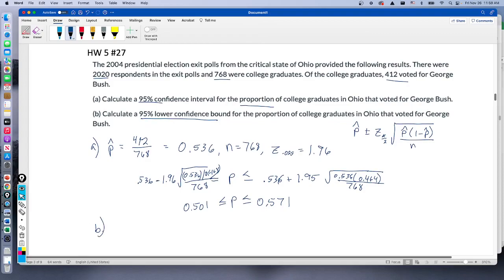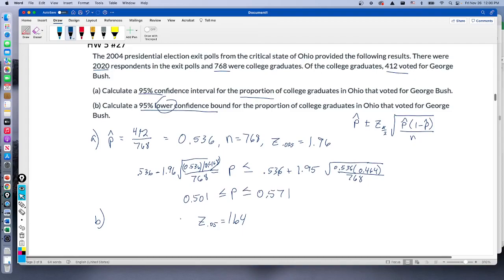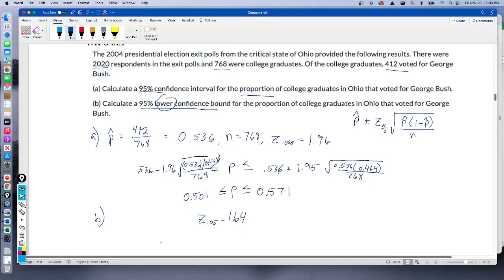So for the b part, the only thing that's really any different is that we're doing a one-sided z of 0.05, and for that, that's the 1.64. Okay, and it's the lower bound, so that's the bottom half. And so we do the same thing here.